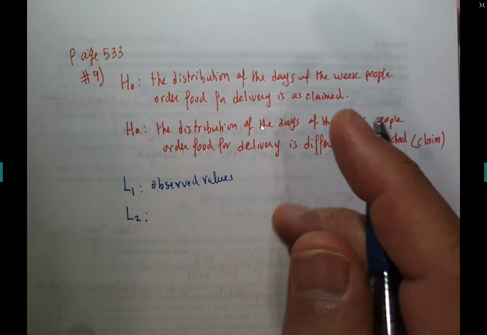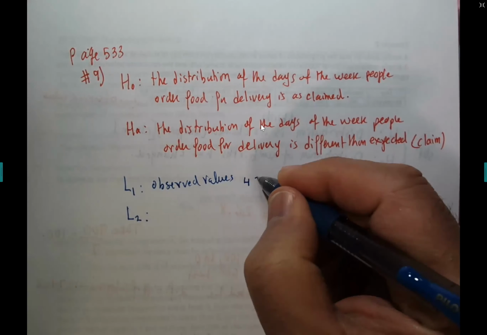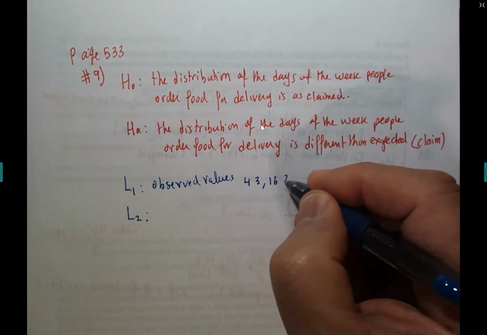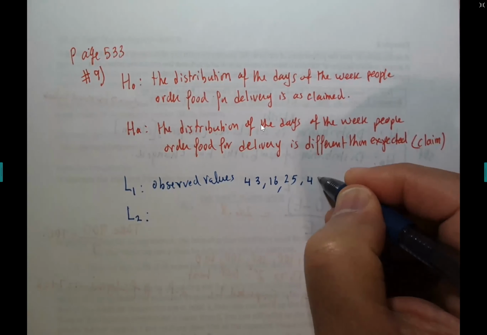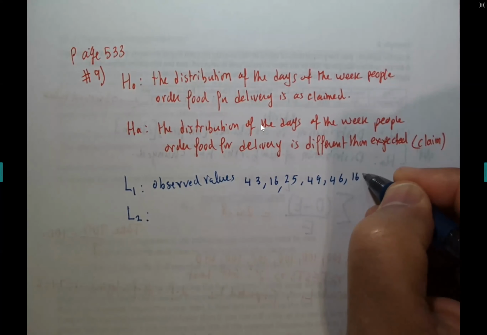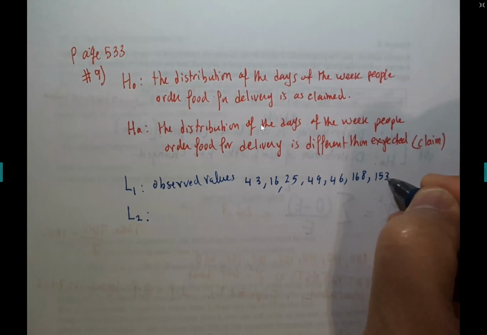So the observed values are given: for Sunday, it's 43, 16 for Monday, 25 for Tuesday, 49 for Wednesday, 46 for Thursday, and it goes up on Friday, guys. 168 people order food, and then on Saturday, 153.